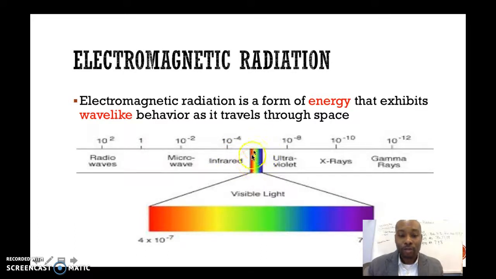And then you have visible light, which is found within this range of the electromagnetic spectrum, to harmful ultraviolet or UV rays also given off by the sun.